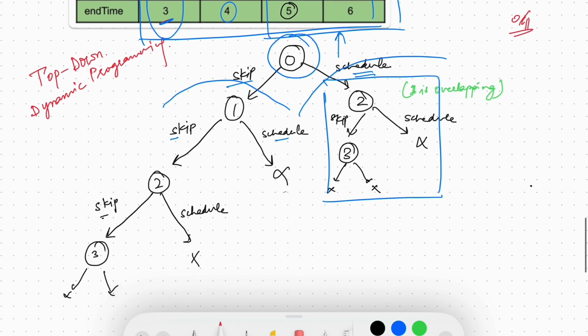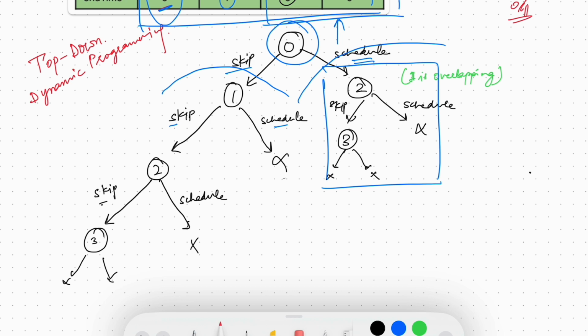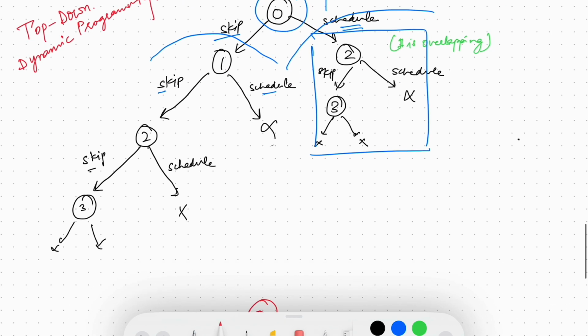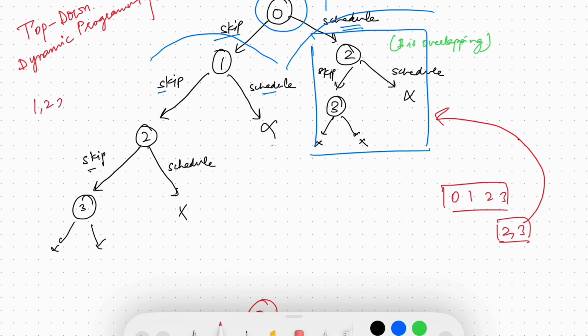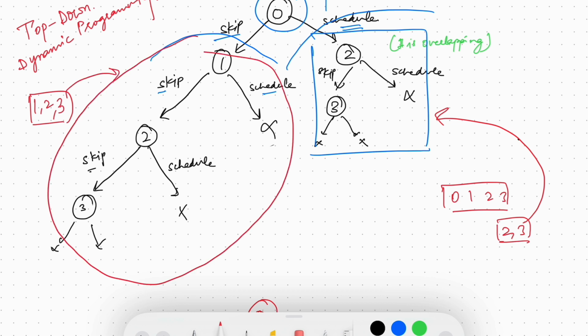Okay. Now if you look at the recursion stack, we first solve the problem 0 1 2 3 with 4 jobs, and then we solve the problem with 2 jobs, which is here, and then we solve the problem for 1 2 3, which is this.